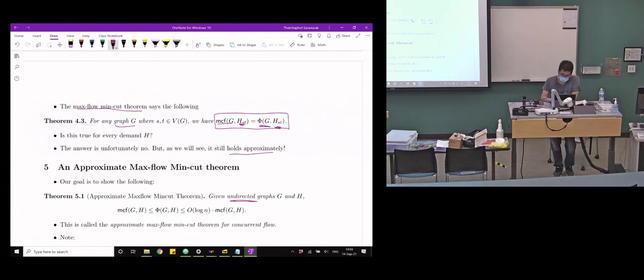We will see that at least for undirected graphs, and this is important. In undirected graphs, which can be weighted, that's fine, the max H concurrent flow is similar to the min H cut within a log n factor.